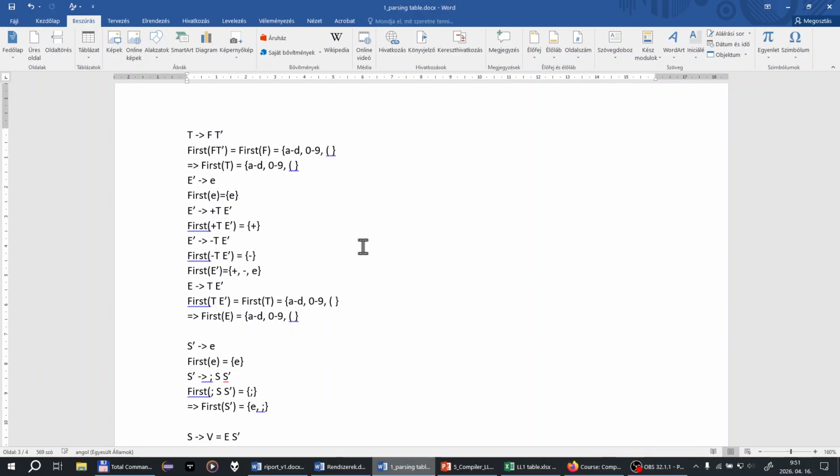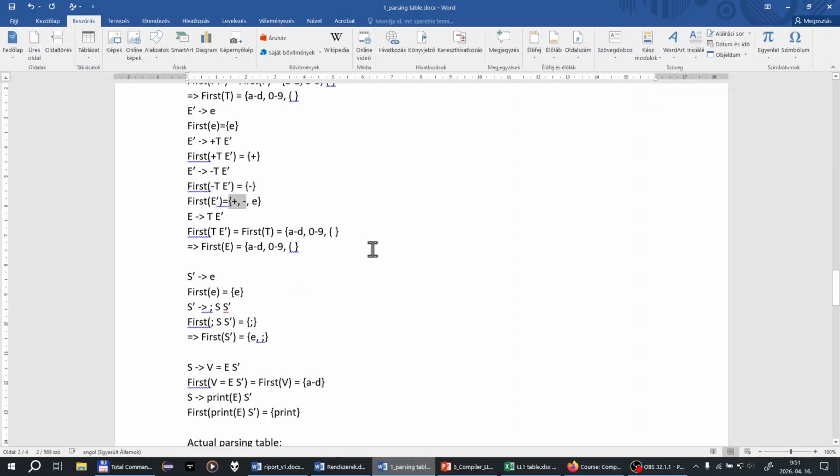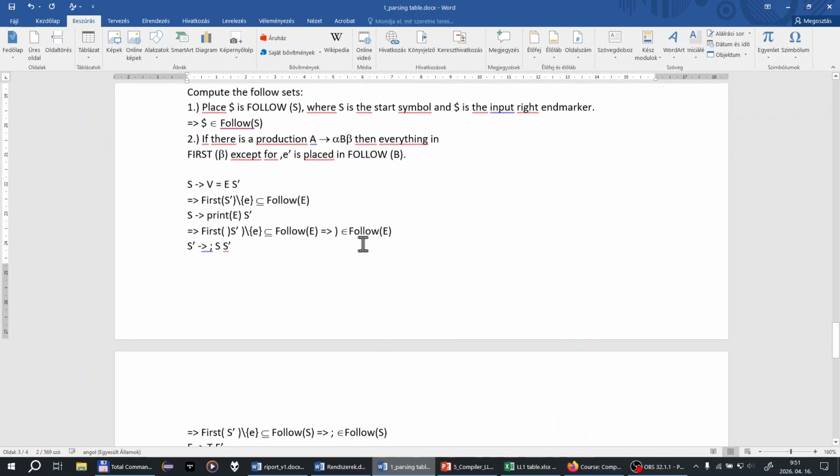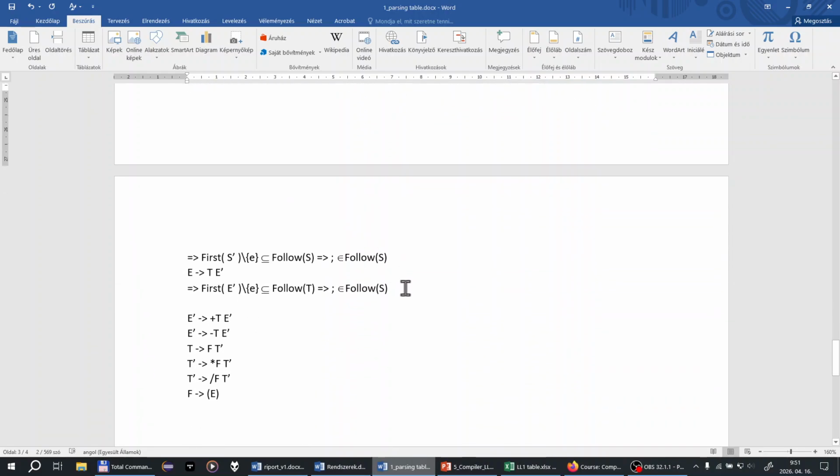So if we eliminate epsilon, we have plus and minus. So as a result, plus and minus are in the follow set of T. So T can be followed by a plus sign or a minus sign.